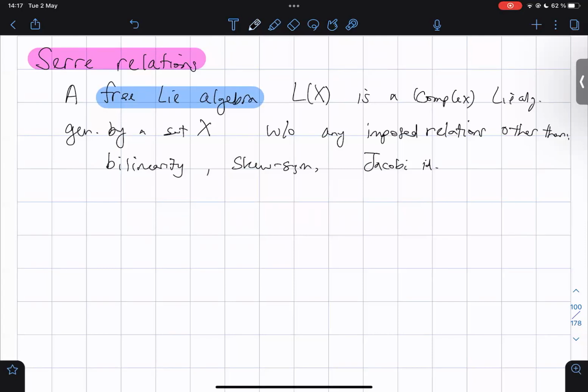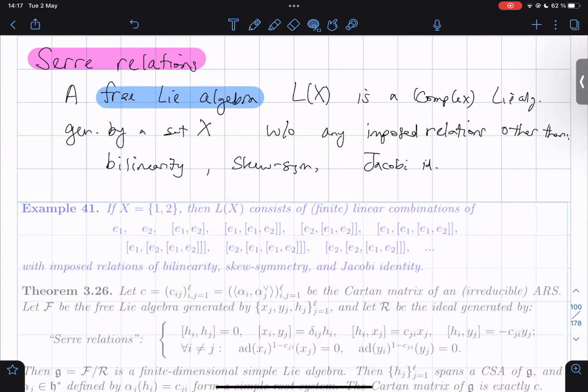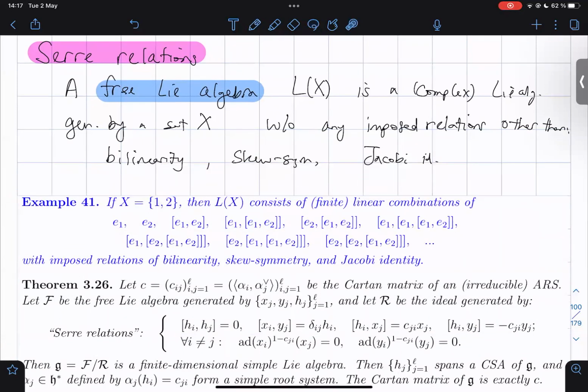Just as an example, I'll put in some notes here. Let's just go through it. If you have X consisting of the 2-element set, then L of X consists of all those finite linear combinations of objects that look like this. So E1, E2, you have this symbol bracket E1, E2, which you're taking to be linearly independent from these two, without any imposed relations.